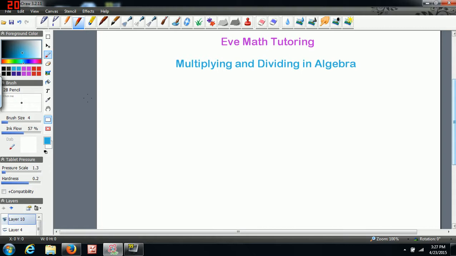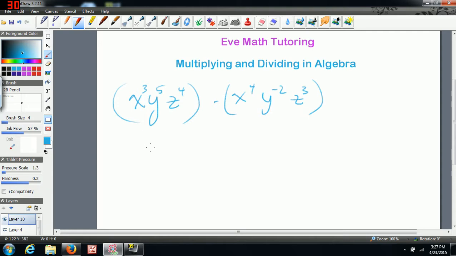If we were multiplying, say, x^3 y^5 z^4 times x^4 y^(-2) z^3, in this case we would just do x to the 3 plus 4, y to the 5 plus negative 2, and then z to the 4 plus 3.